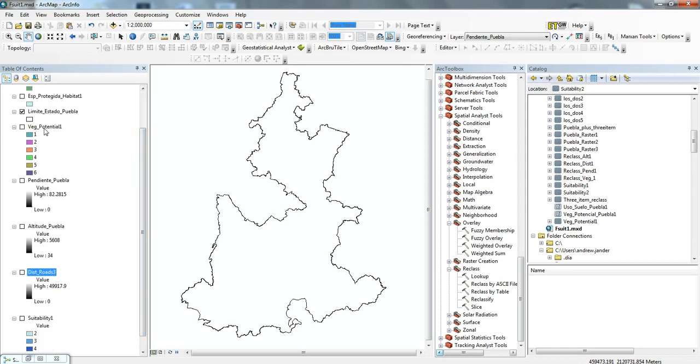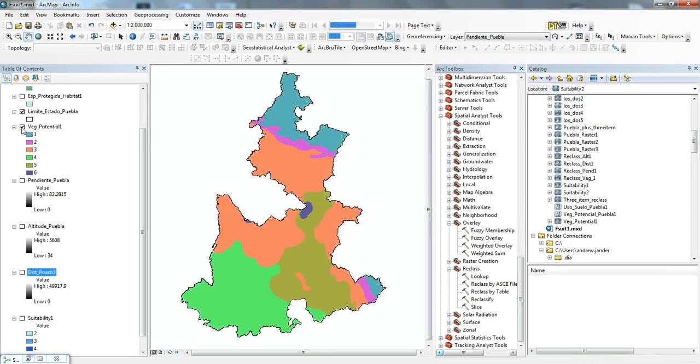The first one we have is vegetation potential. I'll turn this layer on, and we'll see these different colors signify different types of vegetation. The orange here signifies kind of like a pine forest, or a more evergreen, high altitude type of forest.